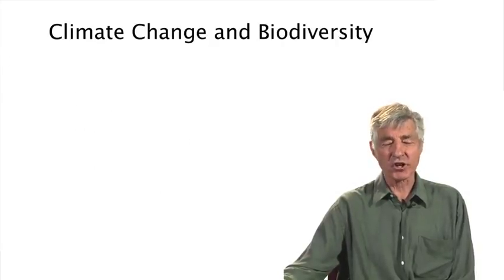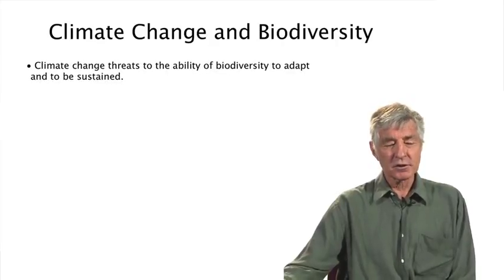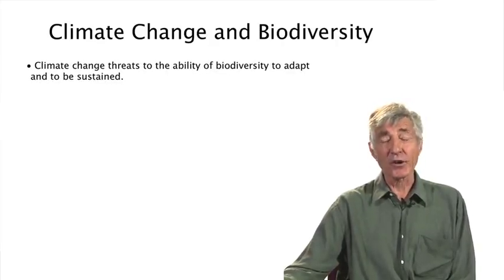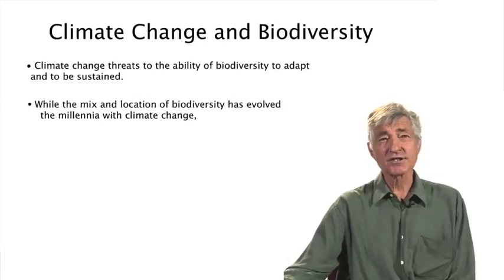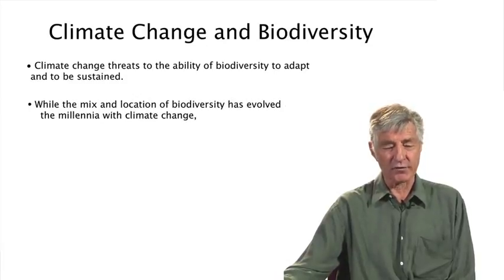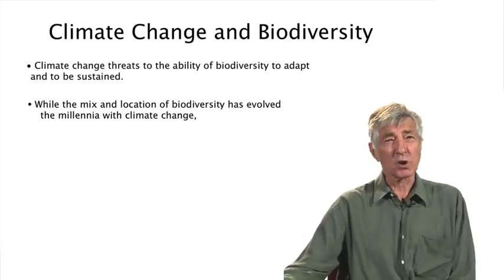So what does climate change do to biodiversity? Well, it's basically a threat to its ability to adapt. Can our national parks survive the rapid changes in higher temperatures, changes in rainfall and so on? Well, yes, they can.